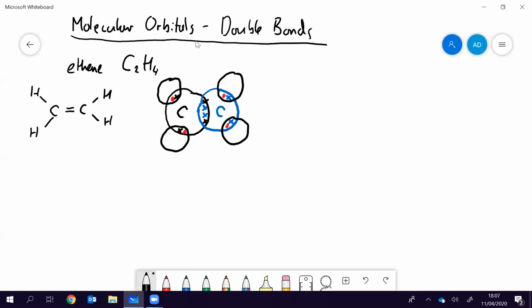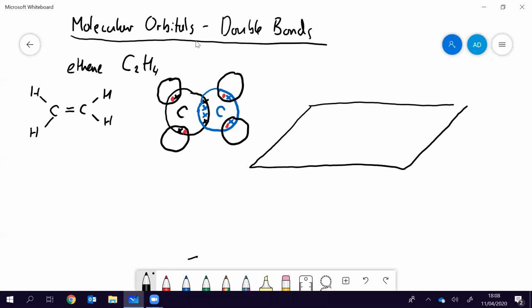Okay, so this is supposed to be a piece of paper. I'll just draw it like that to give it a bit of depth.